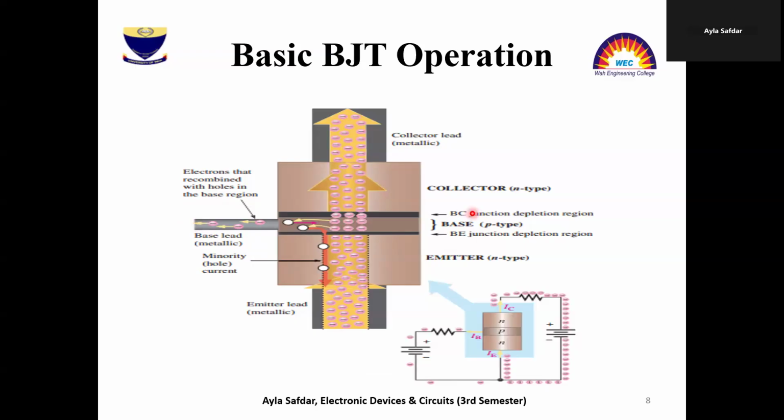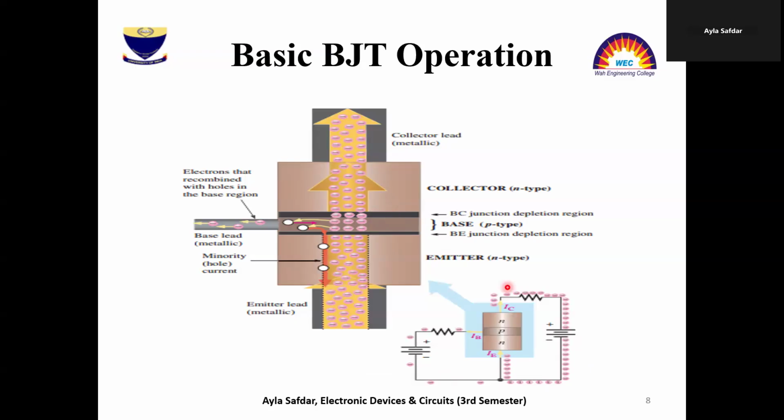Then we have the base-collector depletion region. We know that the base-collector junction is reverse biased, so we have a large, thick depletion region. A question for the students: how do the electrons from the base region move towards the collector, as this junction is reverse biased and has a thick depletion region?